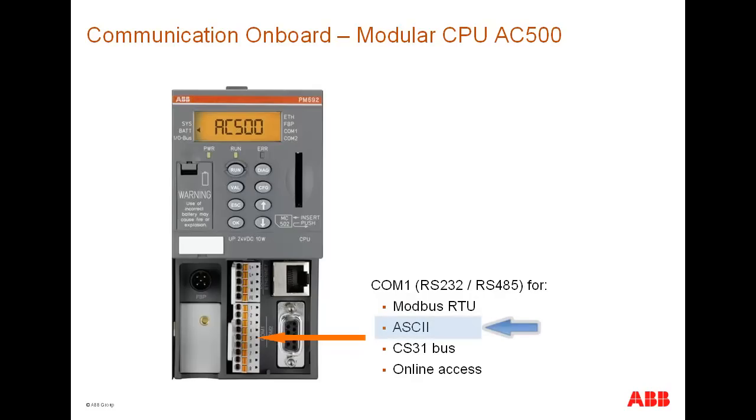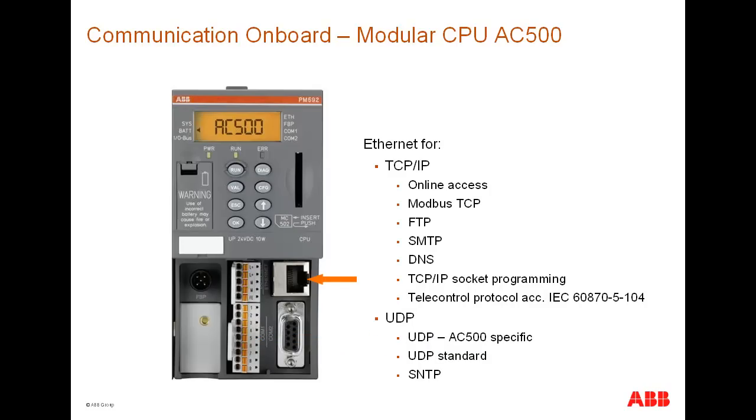These ports are also configurable to support ASCII protocol communication. Online access to the AC500 CPU is also a function supported by these ports with specific settings. Last but not least, the ABB proprietary Fieldbus protocol CS31 could also be established through only the COM1 port with adequate configuration steps.